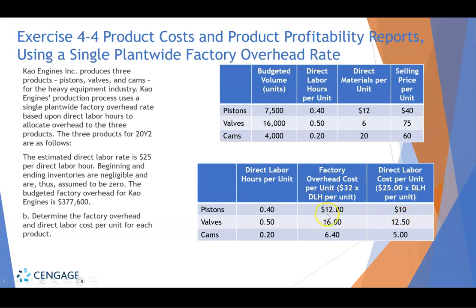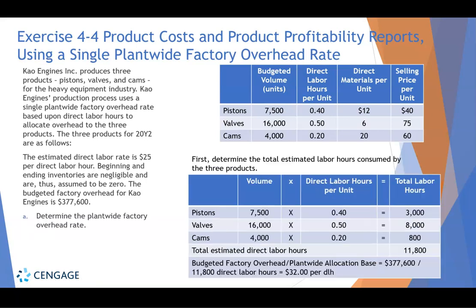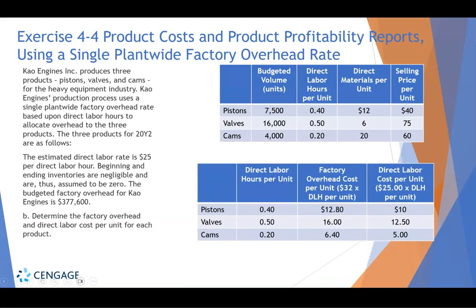For overhead, 32 is the rate we came up with in the previous step, $32 overhead per direct labor hour. We take the 32 times the 0.4, which gives us the $12.80 per piston. So our direct labor is going to be 10, our factory overhead $12.80 per piston. And up here we see that our direct materials for pistons were $12.